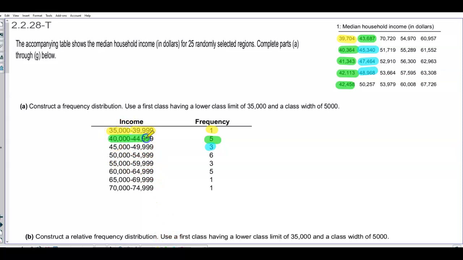Go ahead and color that, this one as well. So now we want to look for 50,000 to 54,999. We have 1, 2, 3, 4, 5, and then 6.